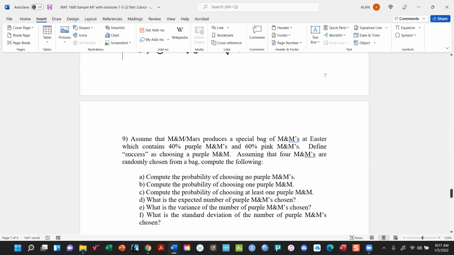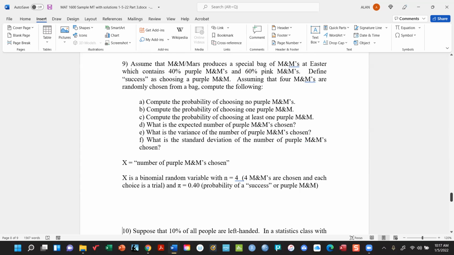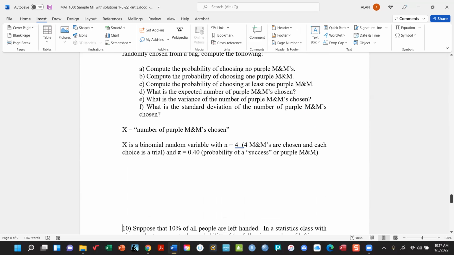So let's start by calculating the probability of no purples. Even before we do that, let's remind ourselves what this formula looks like. Here we have to be a little careful. Capital X is the random variable.